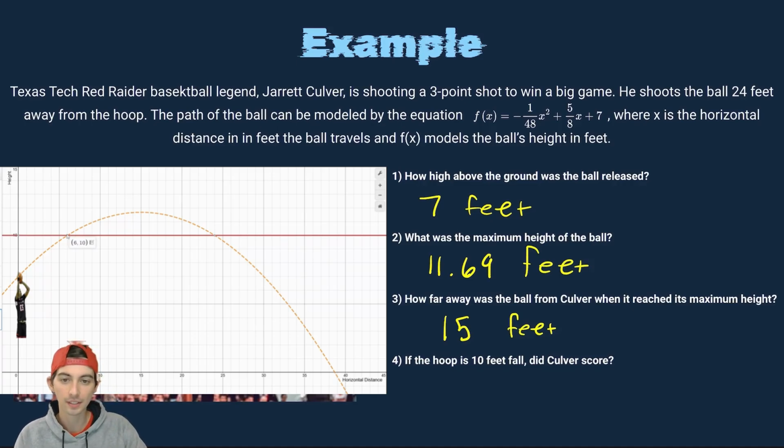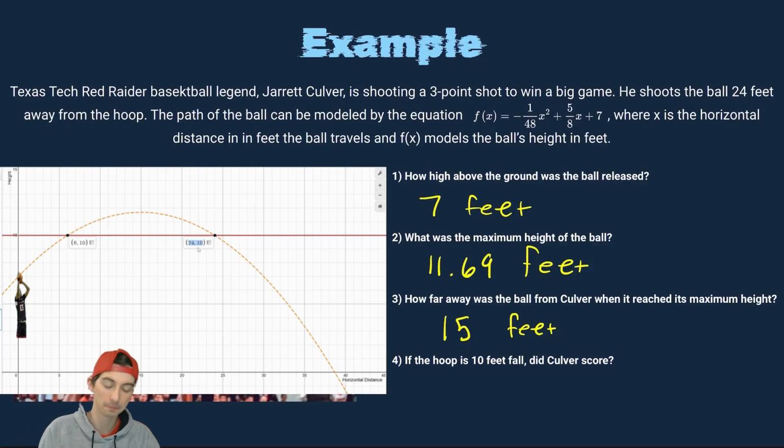And so I see the two solution points, like when we talked about our systems unit, our quadratics and our linears. Whenever they cross, they meet at two places. One of them's at (6, 10), and one of them on the way back down, the ball is at (24, 10).